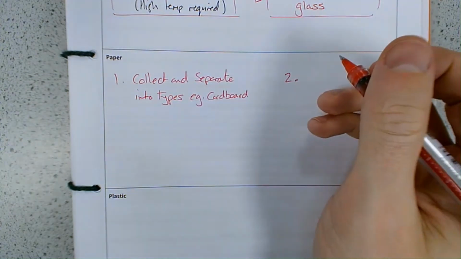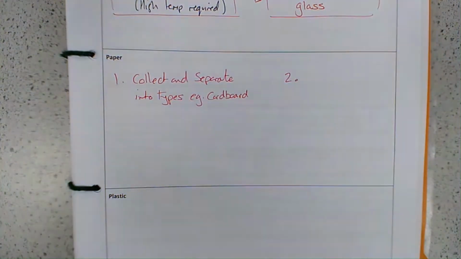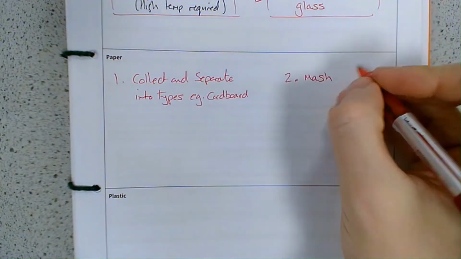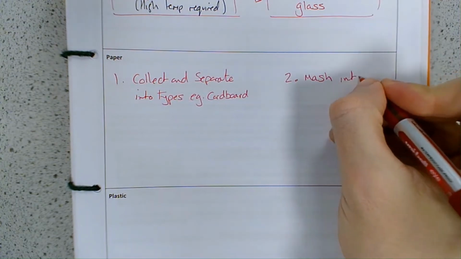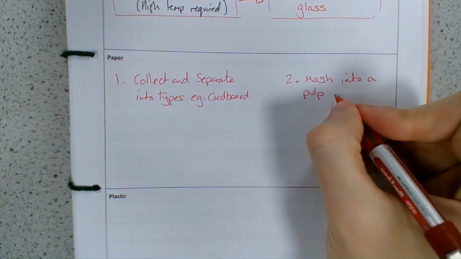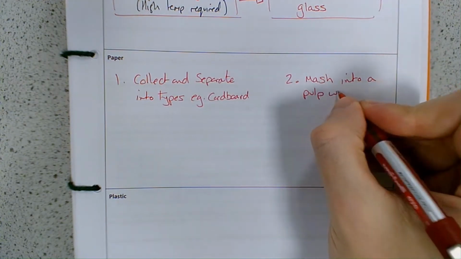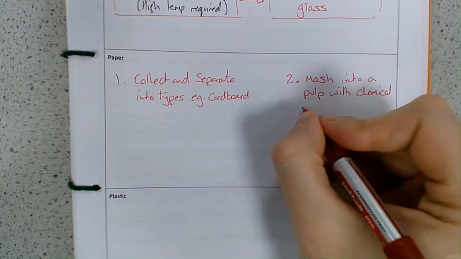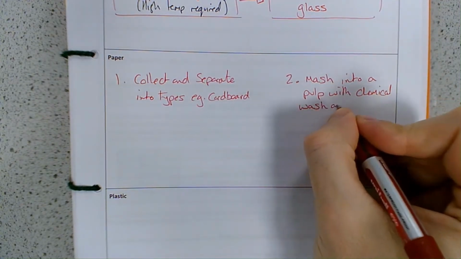We need to mash it into a pulp, so you add water and break it down into a mush. And we're going to use a chemical wash and bleach.